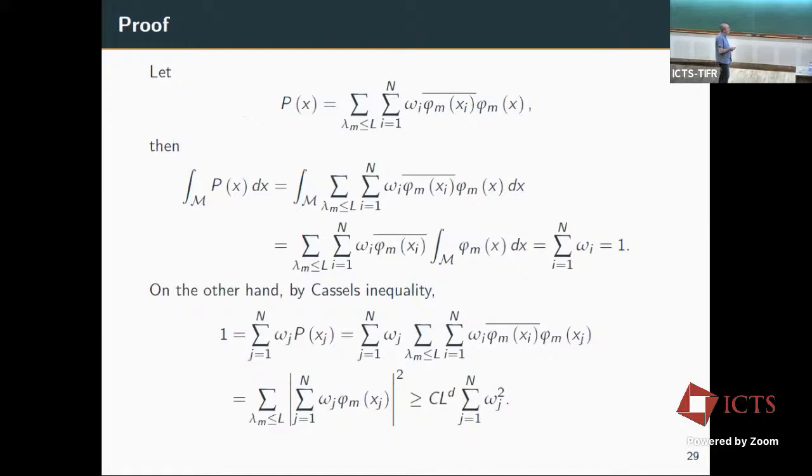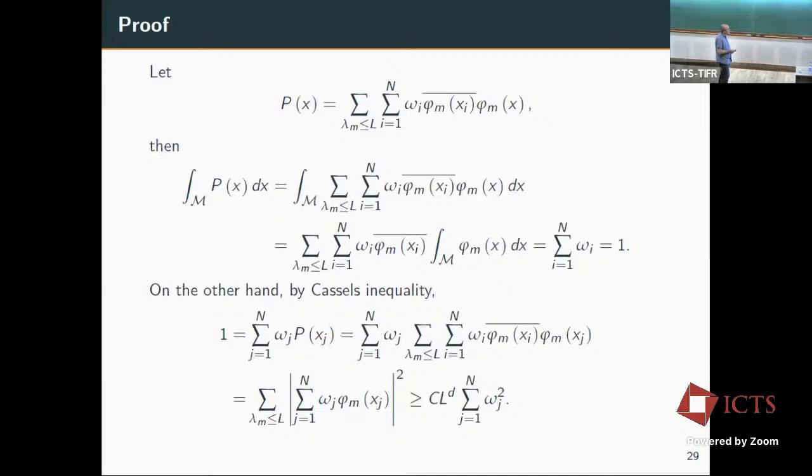And for that, you can prove this by means of the Bessel's inequality. So you take this polynomial. So you take all eigenvalues smaller than L squared, and the coefficients are just taken equal to this sum of eigenvalues. And what is the integral of this polynomial?